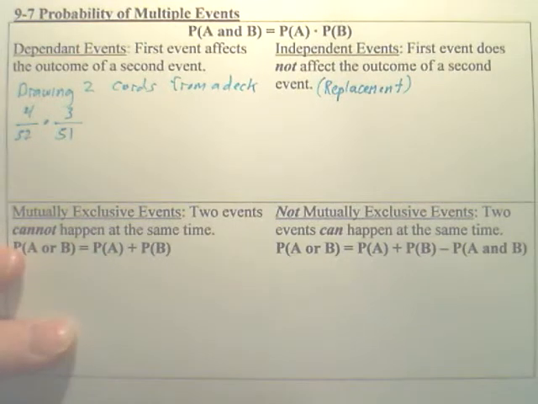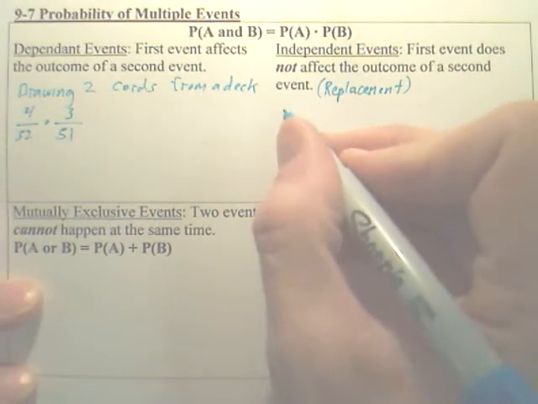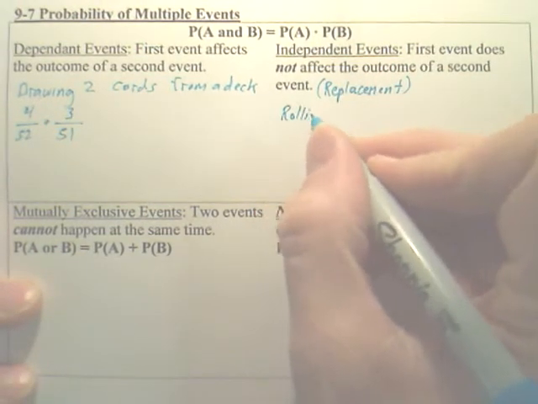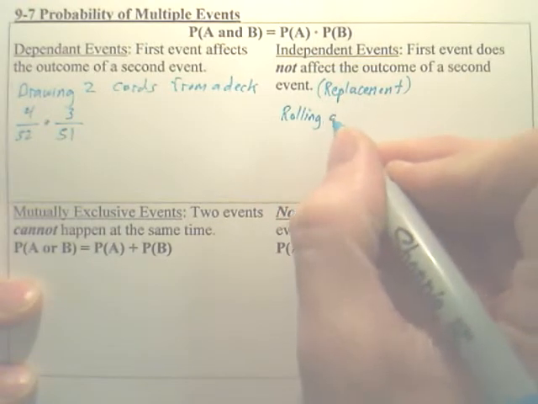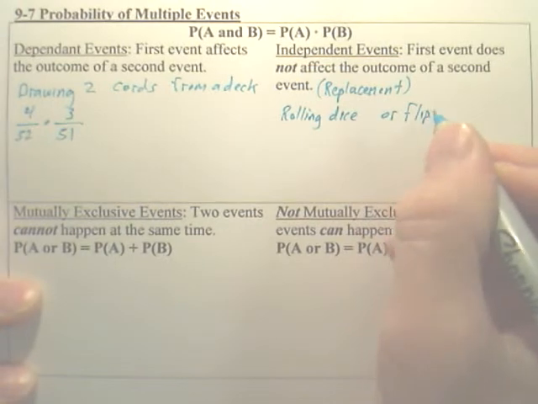Another example would be rolling dice. If you roll the dice, the second time you roll the dice, does it affect the first? No. Okay. Flipping a coin. If you flip a coin a whole bunch of times, does each time you flip a coin affect the next one? No. So examples of these would be rolling dice or flipping a coin.